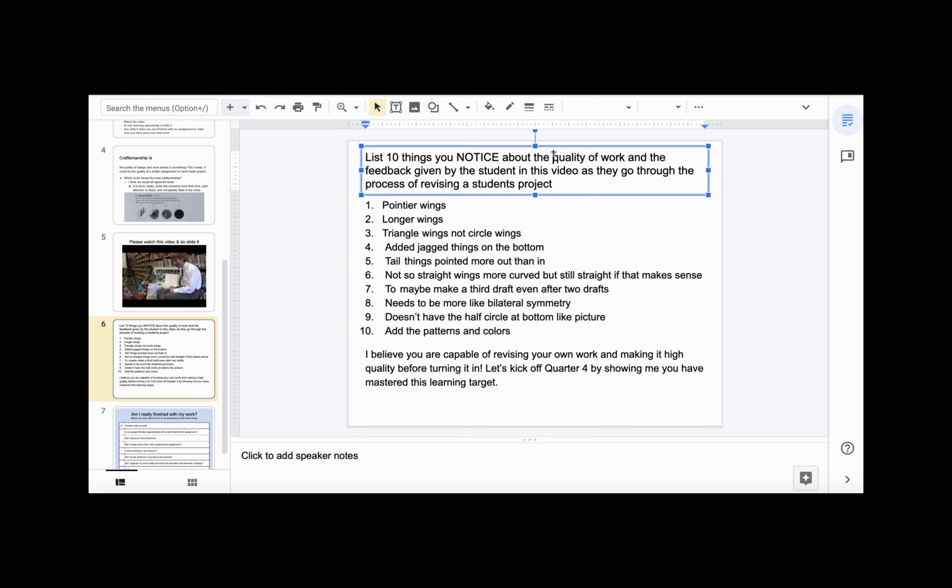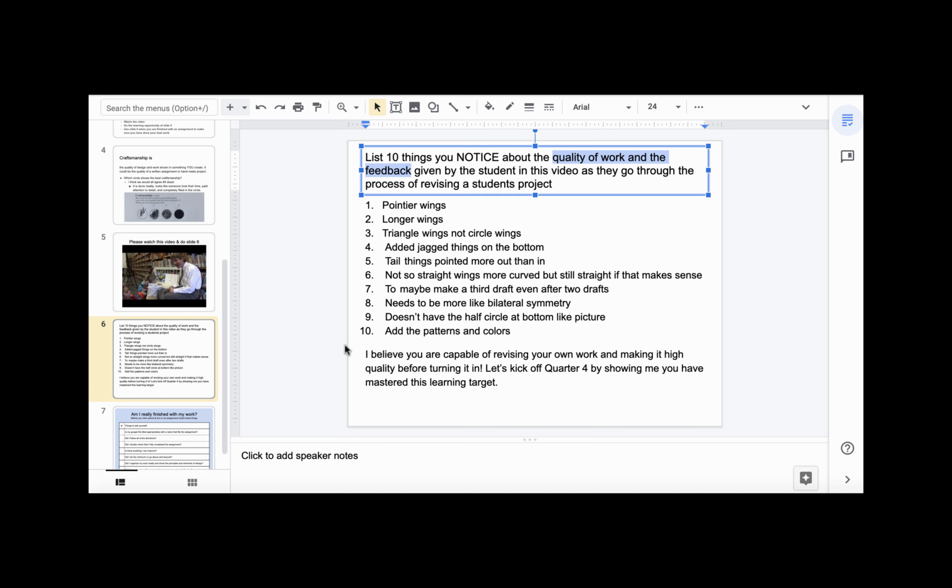Our focus here is quality of work and feedback. So these 10 things should ideally be advice that lets you know how you could improve your quality of work or give good feedback.